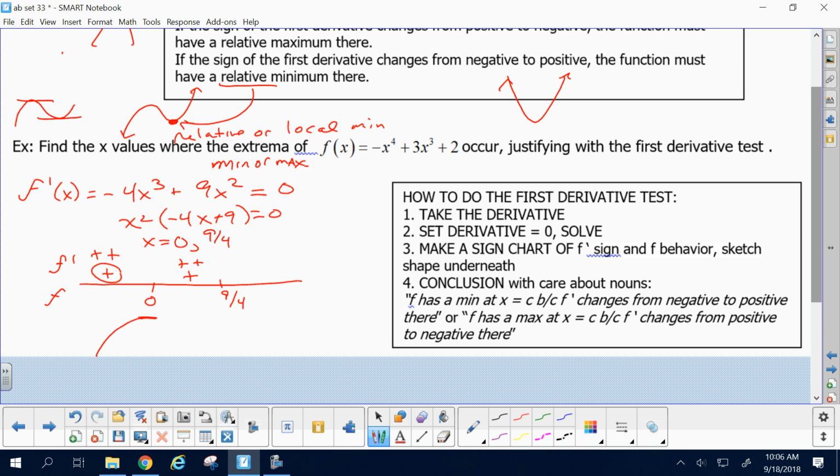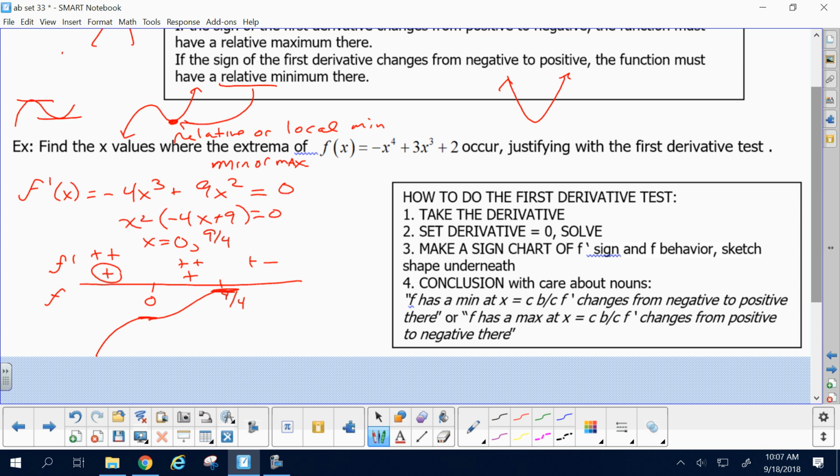So it tried to trick you. The function went back to increasing. At 9/4, once again, the graph goes flat. After 9/4, like at a billion, x squared is positive. What about negative 4 billion plus 9? Negative or positive?